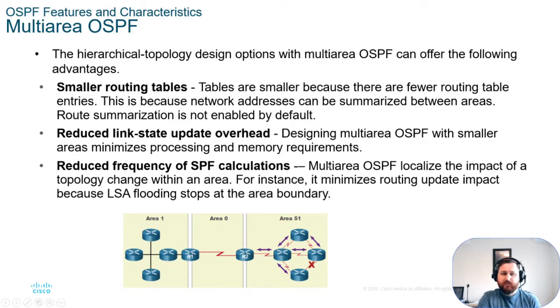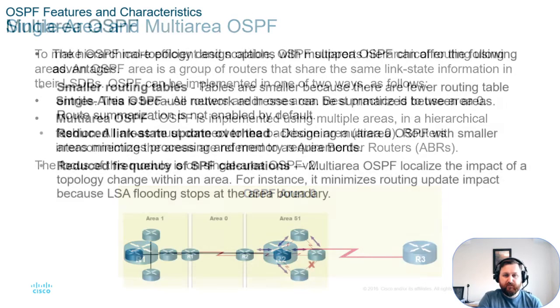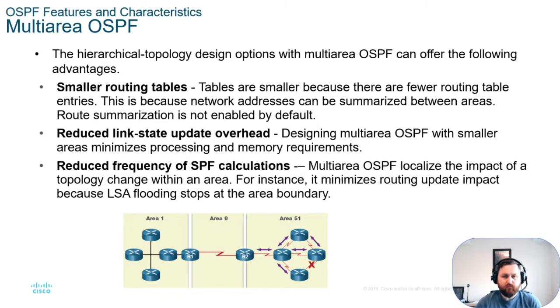So there's options there. Now, why would we want to do single area OSPF over multi-area OSPF? There are a lot of different reasons, but you typically won't use multi-area for smaller networks. More times than not, you'll do multi-area OSPF for larger scale organizations. The benefit of using multi-area OSPF is three primary things.